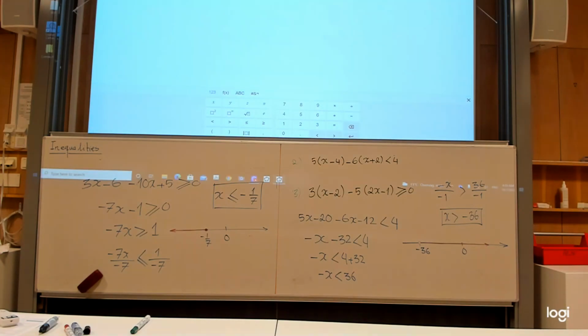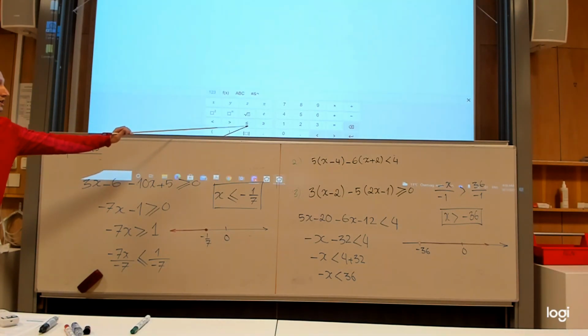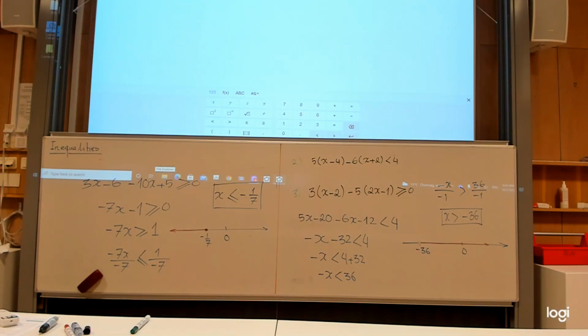But then let me punch that one, so I would say 5(x minus 4), and then I go outside, minus 6 times (x plus 2), and then I put this inequality less than. You also have it on this keyboard. If you want to punch this, you can use this one. And then here I have less than 4, and let us see if GeoGebra solves this inequality.